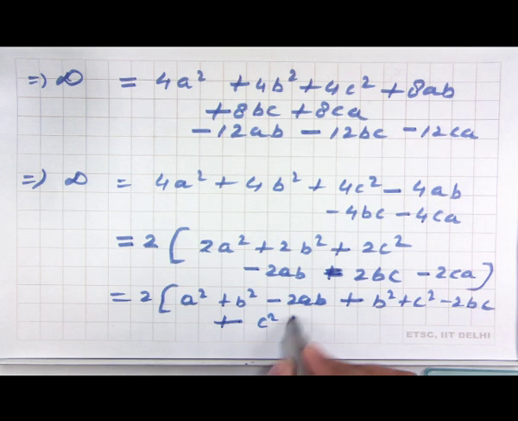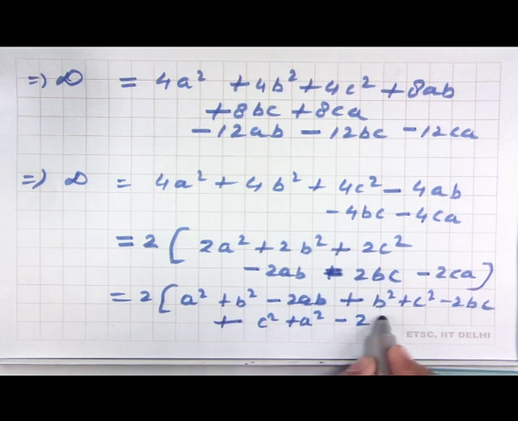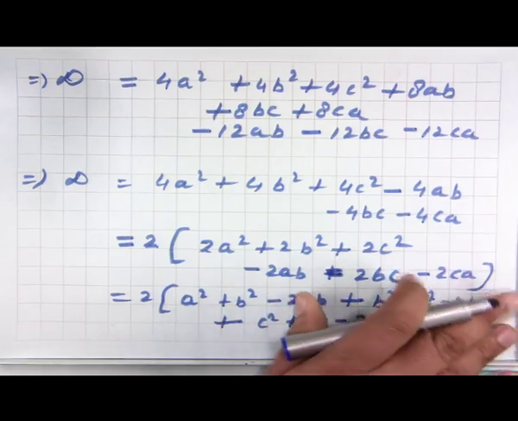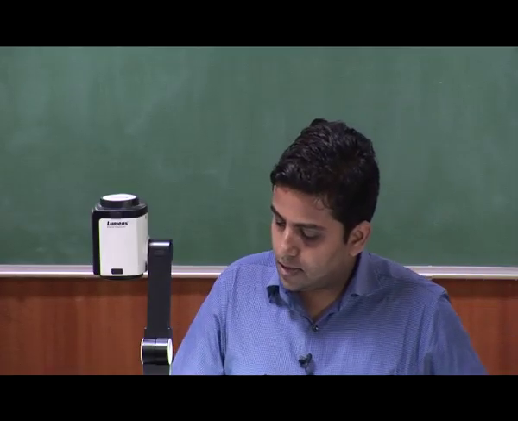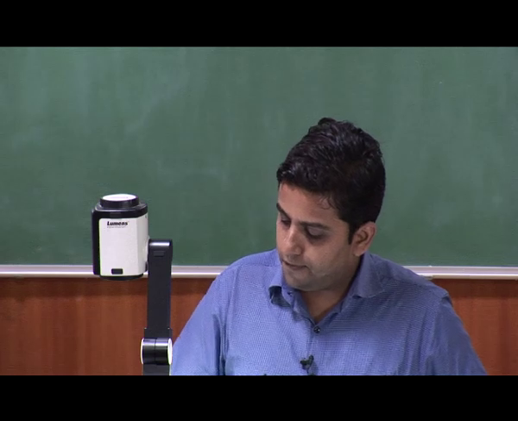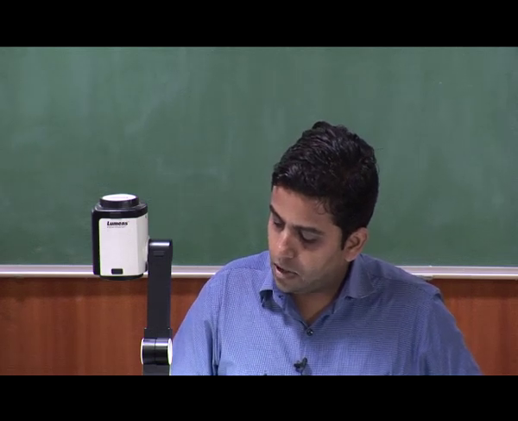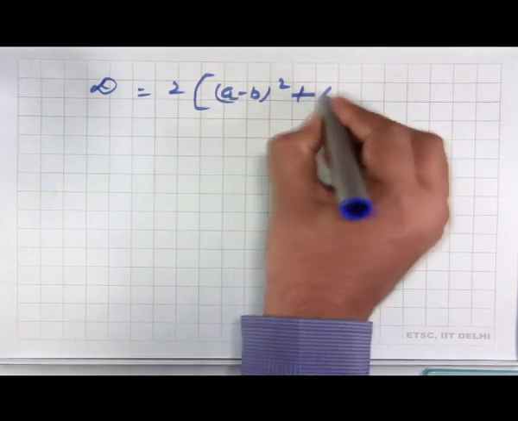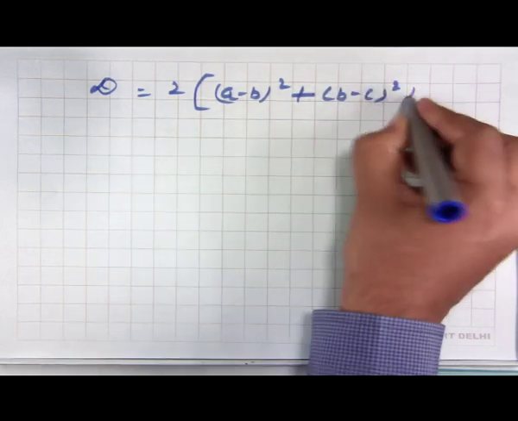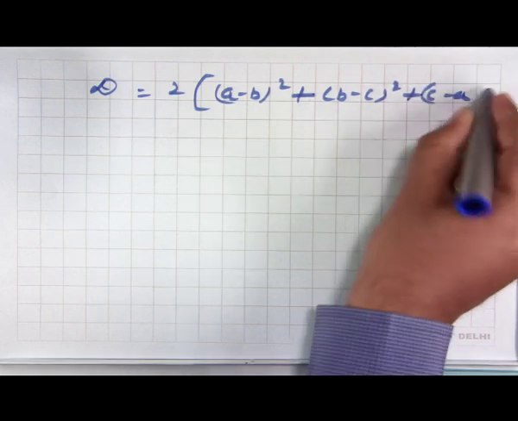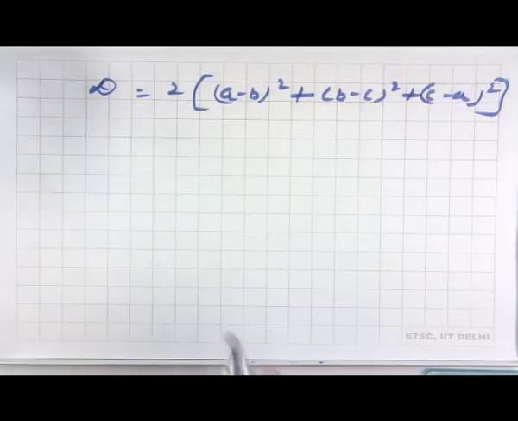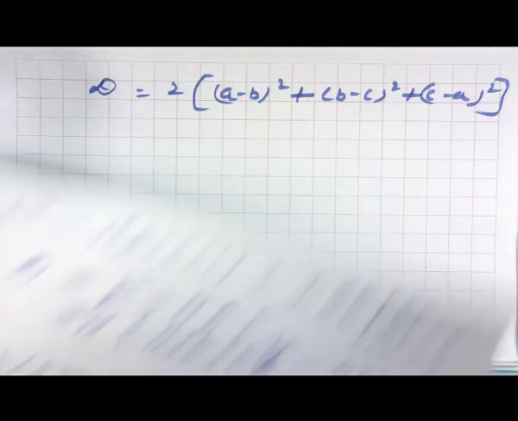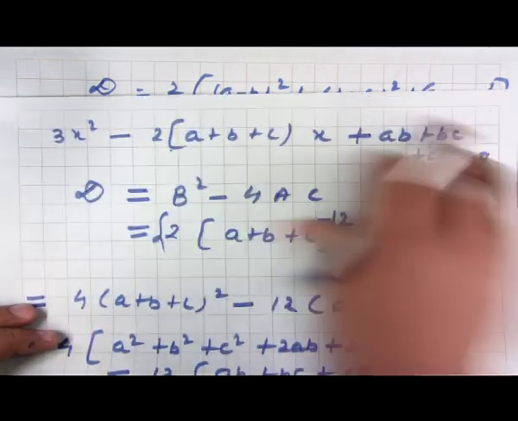Now c square plus a square minus 2ca. The value of d is 2 times of (a minus b) to the whole square plus (b minus c) to the whole square plus (c minus a) to the whole square, because the coefficient of this equation, here the value of abc, the coefficients are real.